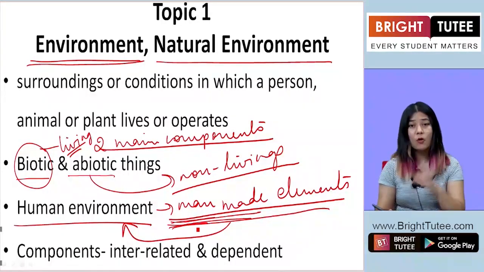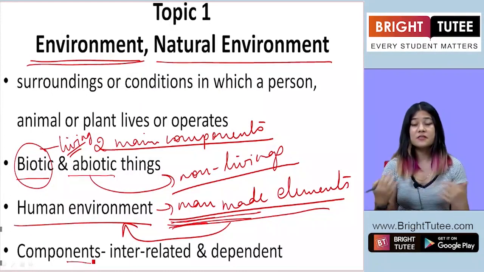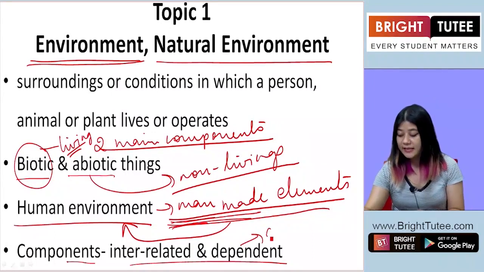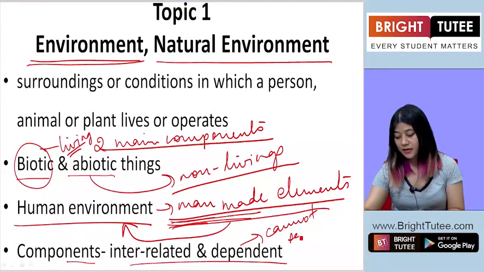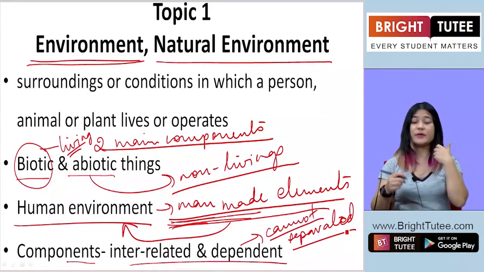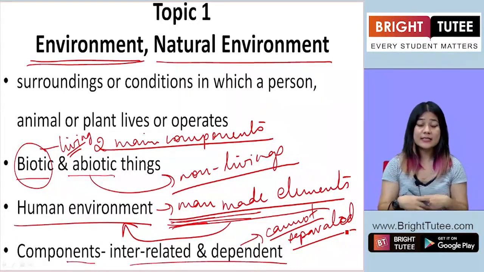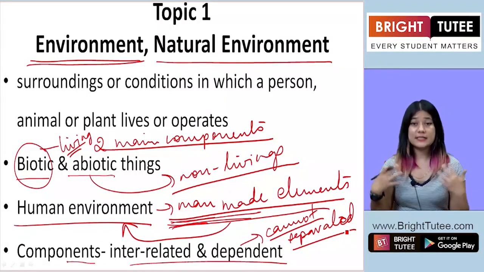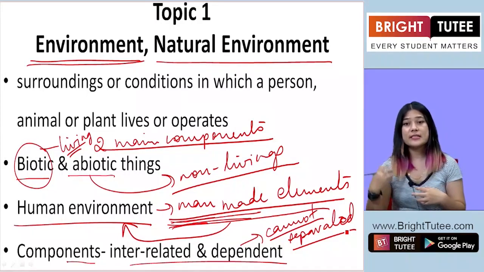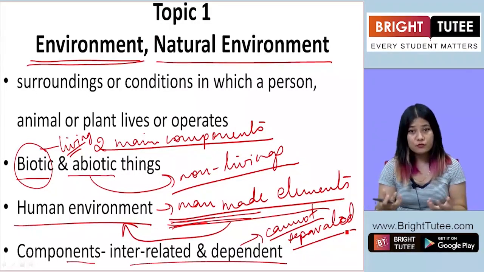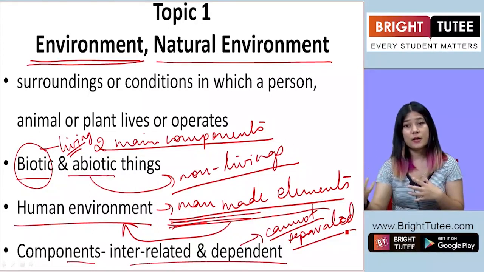Okay? Now all these components of the environment, the living, non-living things, are interrelated to each other. They are dependent upon each other, and because of that they cannot be separated from each other. Alright? Say for example, we have human beings living, and in our environment we have air, we have trees, right? For us to stay alive, we need air, sunlight, rain, food, and trees for oxygen.